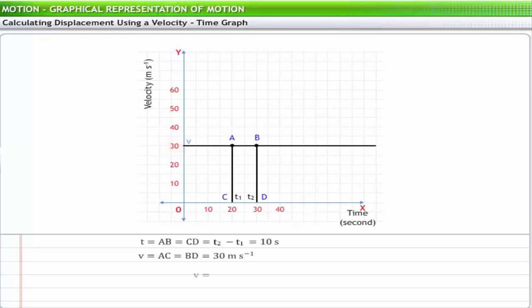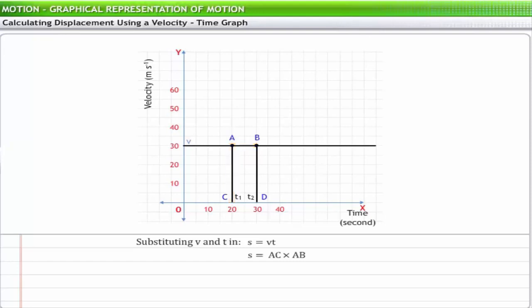By definition, the velocity of an object is the ratio of displacement to time. Therefore, we can say that displacement is the product of velocity and time taken. Substituting v and t in the expression S is equal to Vt, we get S is equal to AC multiplied by AB.